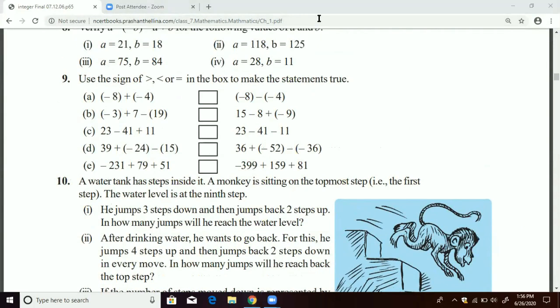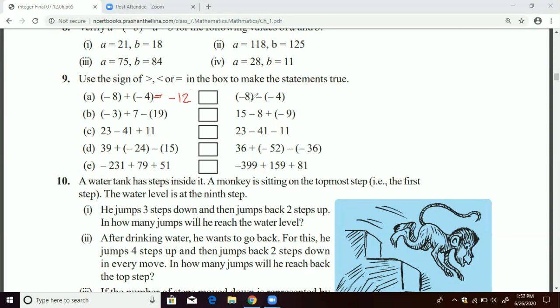First of all, we do part A. Negative 8 plus negative 4. Both numbers are negative, so we add the numbers and keep the same sign. 8 plus 4 is equal to 12. Both are negative, so the answer is also negative.